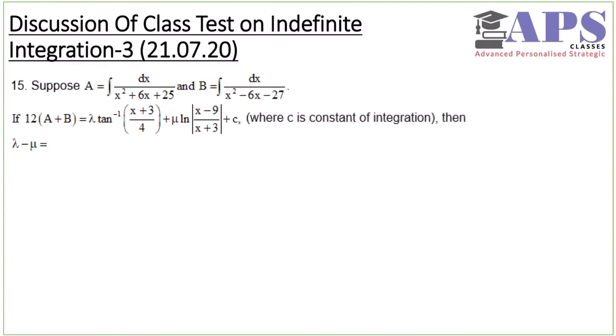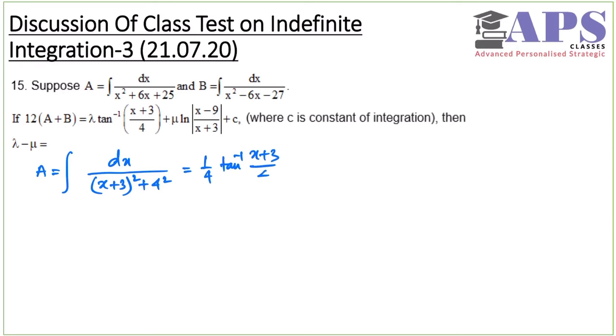So this question, there are two direct formulas that are given here. Capital A is nothing but integration dx by x plus 3 whole square plus 4 square, which is 1 by 4 tan inverse of x plus 3 by 4 plus c, the constant will be there, and also B is equal to integration dx by x minus 3 whole square minus 36, that means minus 6 square.